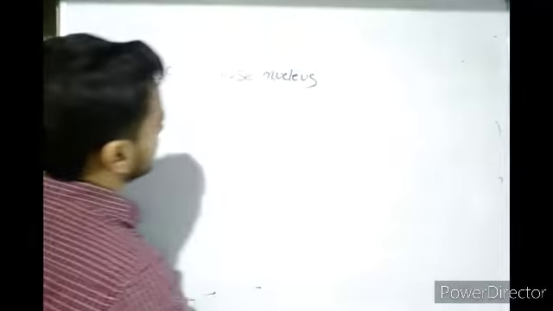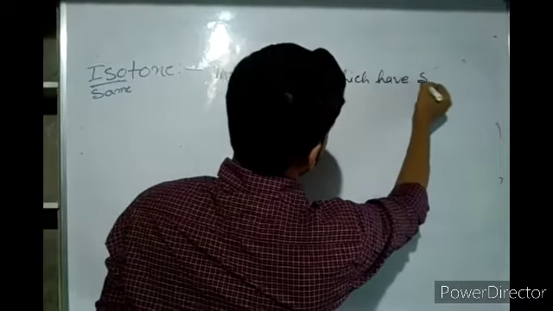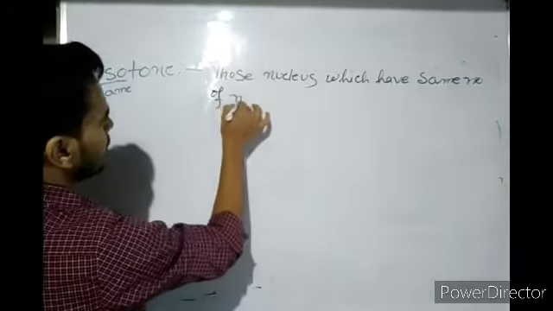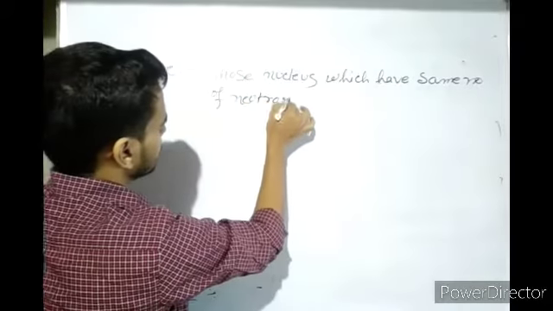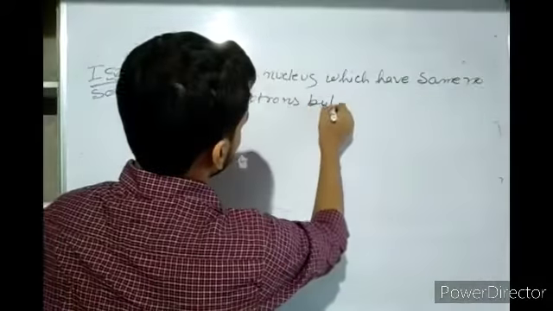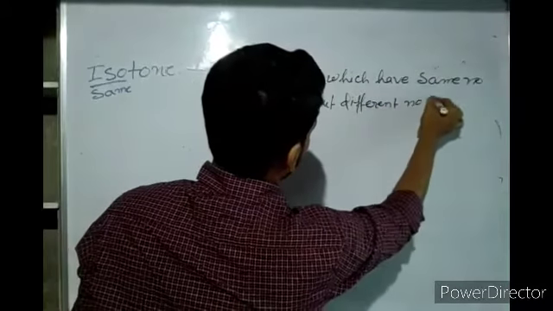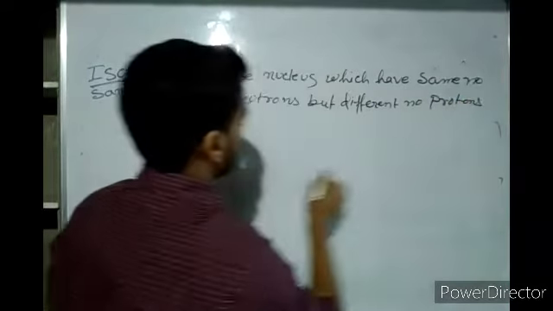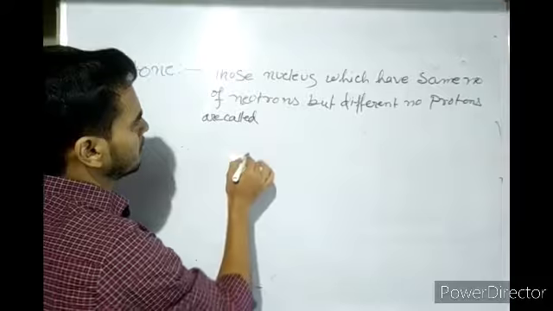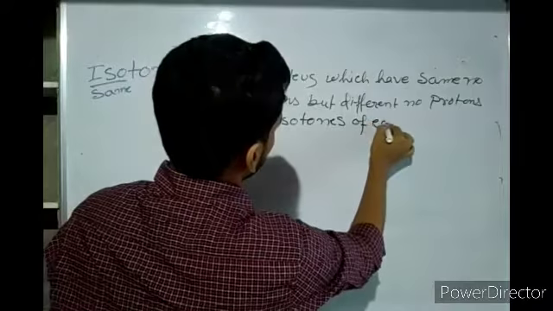Those nuclei which have the same number of neutrons but different number of protons are called isotones of each other.